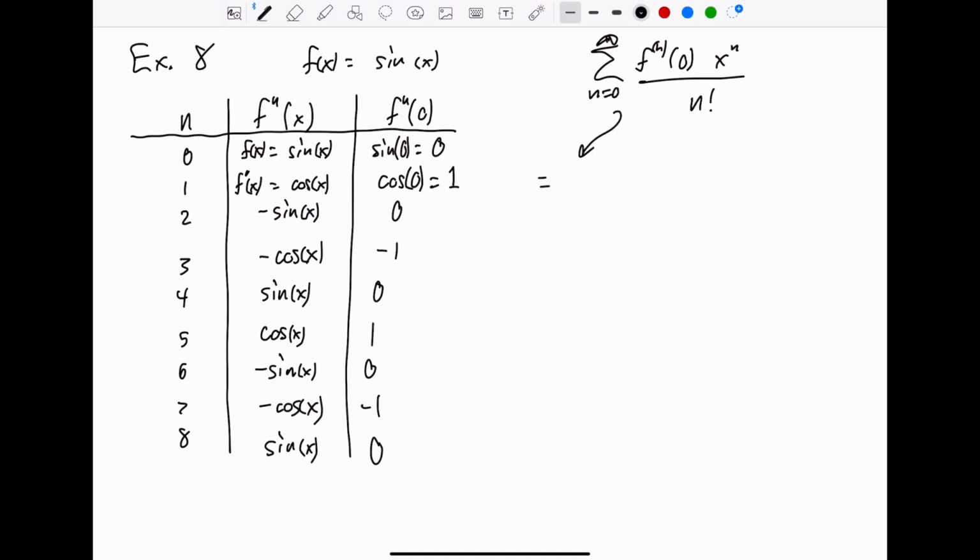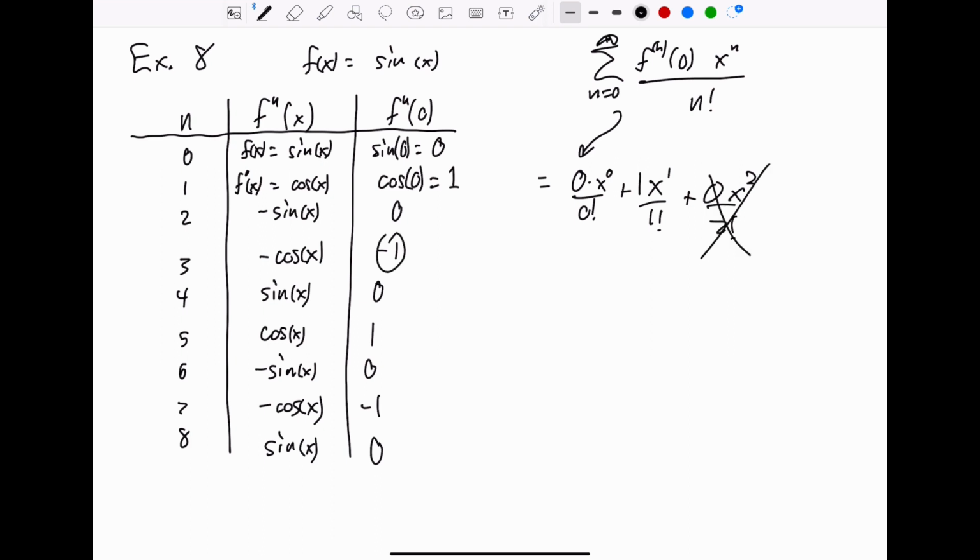When n equals 0, we have the 0th derivative at 0, that's just the function at 0, so 0 times x to the 0 over 0 factorial. When n equals 1, we plug in 1 for the nth derivative at 0, so we have 1 times x to the first over 1 factorial. When n equals 2, the derivative at 0 is 0, so we'd have a term of 0 x squared over 2 factorial. That term just goes away.